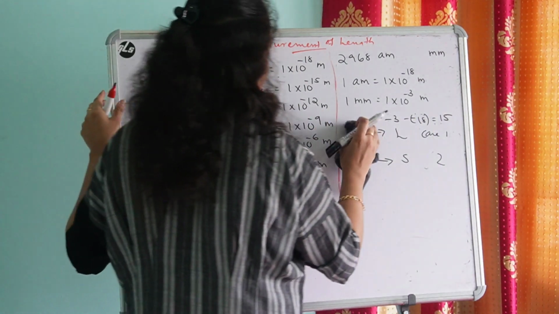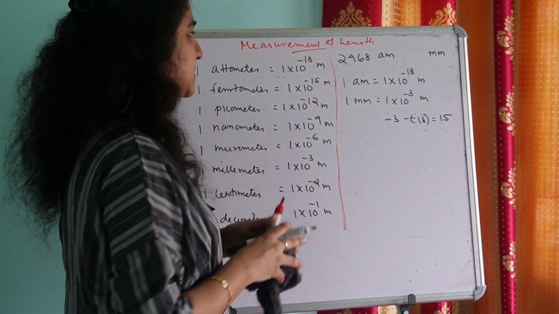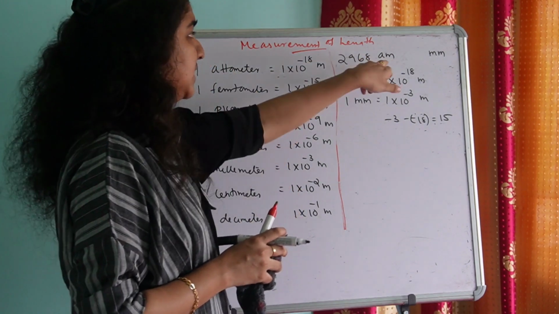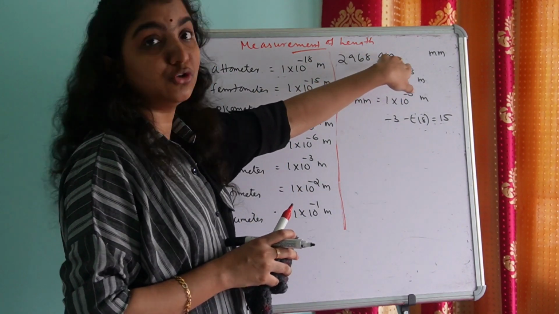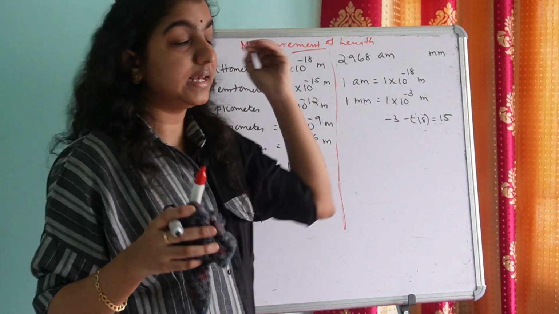So first let's see case 1. First let's see whether attometer is the greater unit or millimeter is the larger unit.